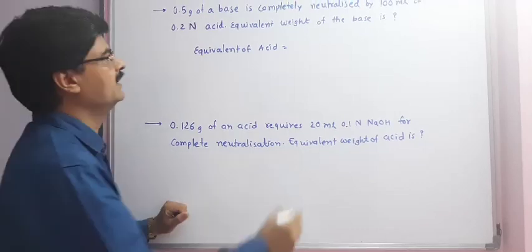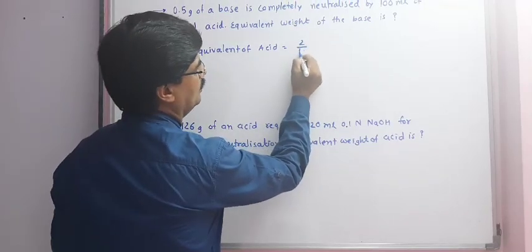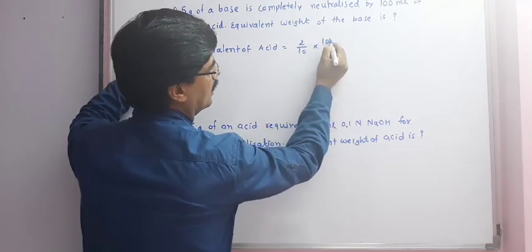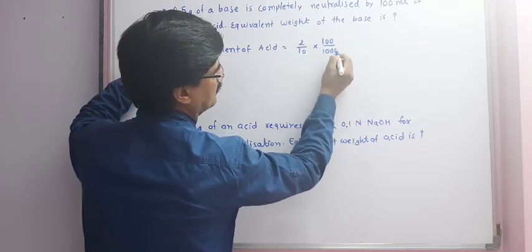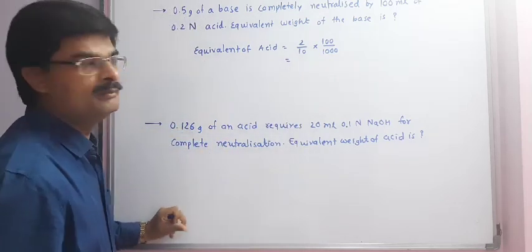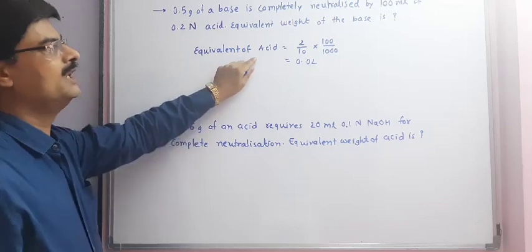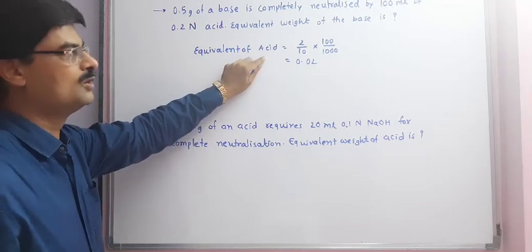Equivalent of acid is equal to 0.2 normal into 100 by 1000. On simplification, we will get 0.02.